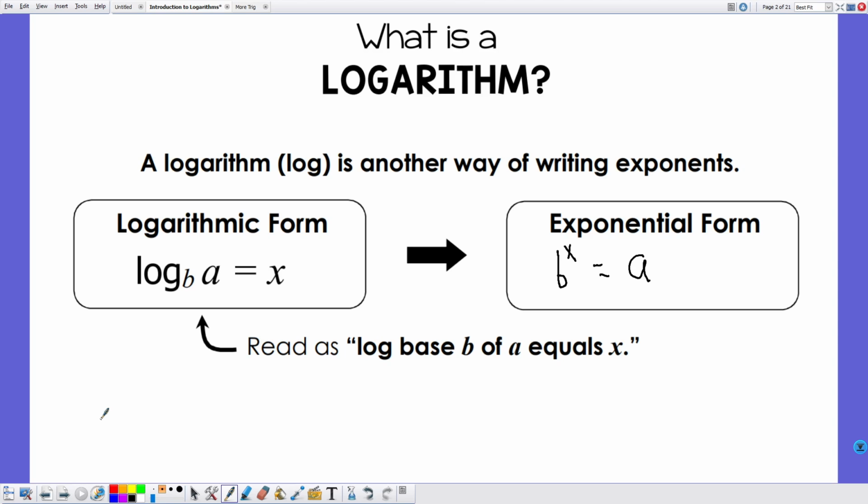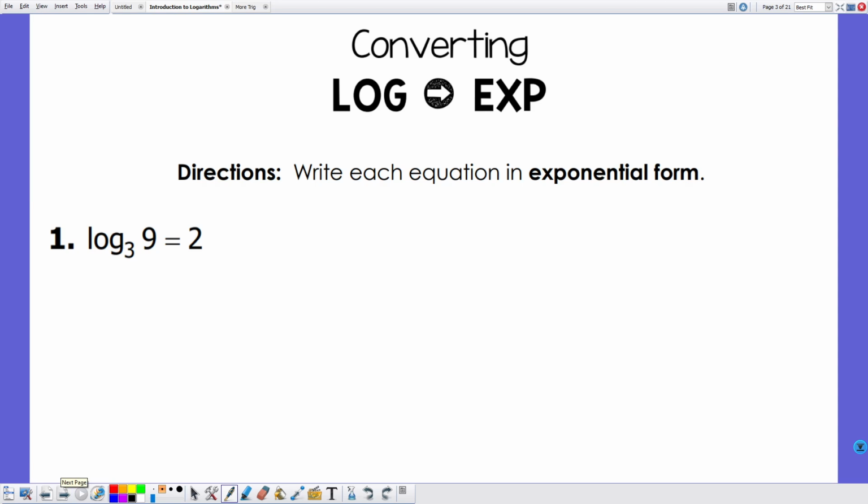What log base b of a equals x is really saying is, b to what power equals a? I don't know how to word it better, but we'll see. It's really quite simple.